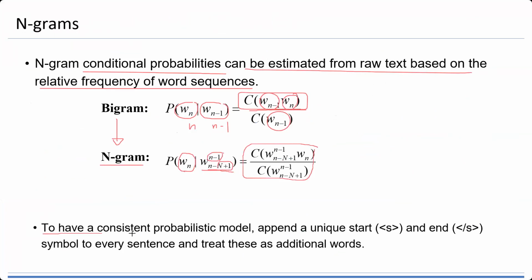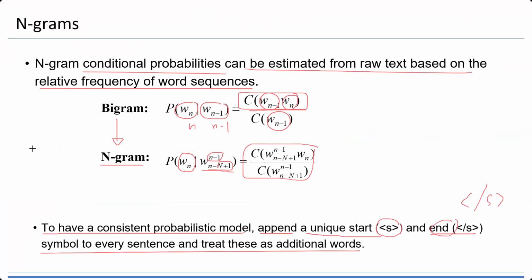So to have a consistent probabilistic model, we can append a unique start symbol <s> and a unique end symbol </s> to every sentence and treat these as additional words. So what does it mean?